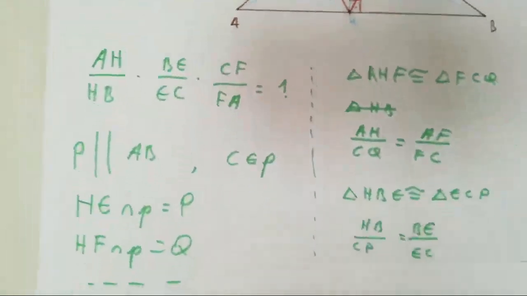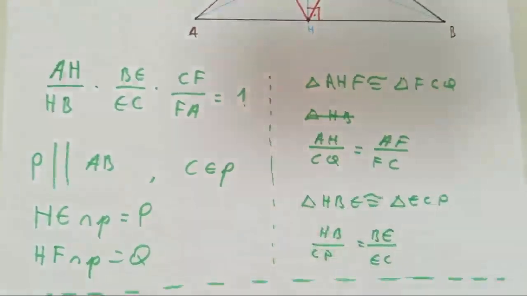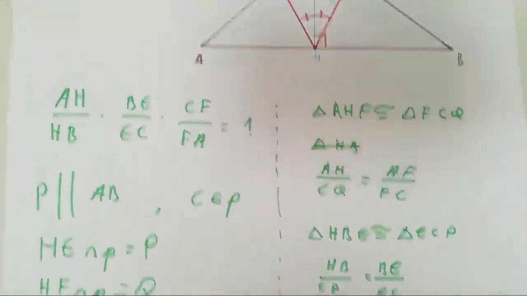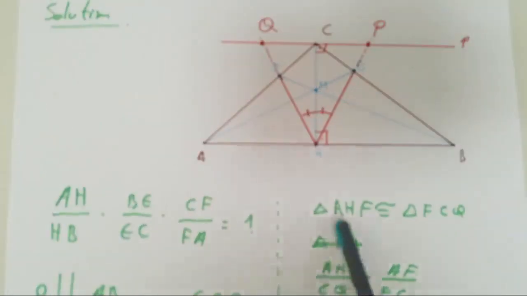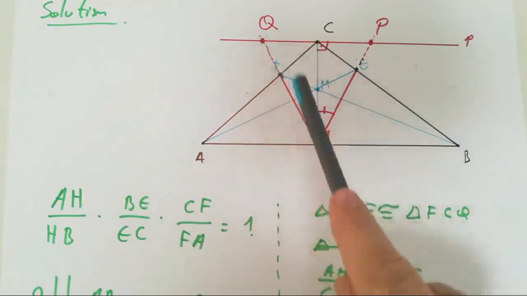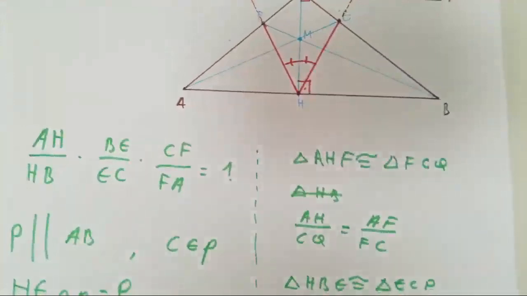Let's see these two triangles. The triangle AHF and the triangle FCQ. These two triangles are similar. You can see it's not difficult for this one.